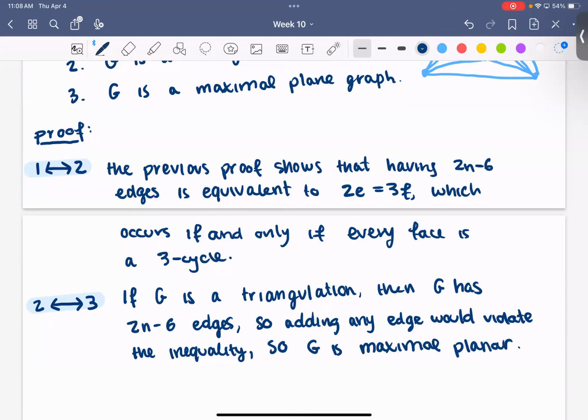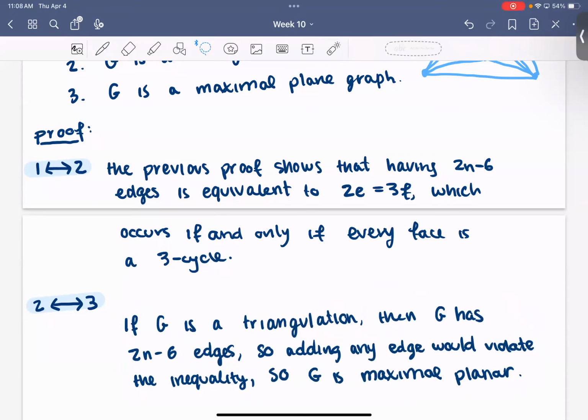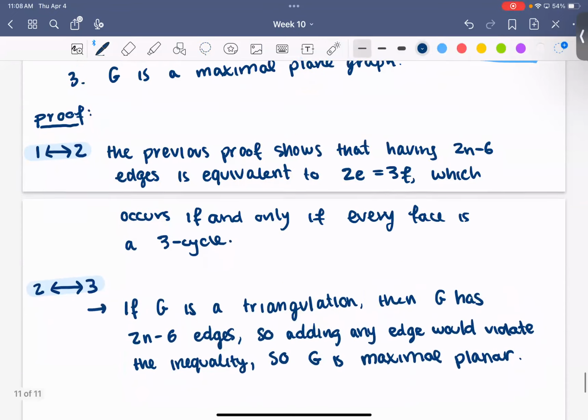Okay, so that was 2 implies 3. So then what about 3 implies 2?